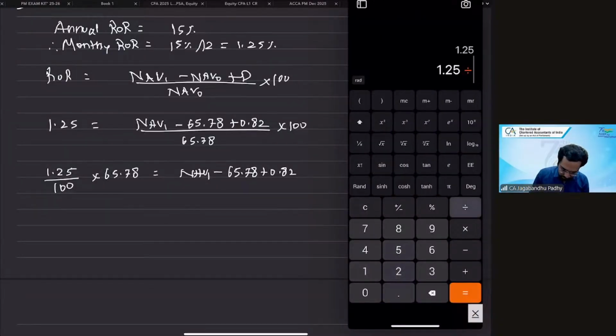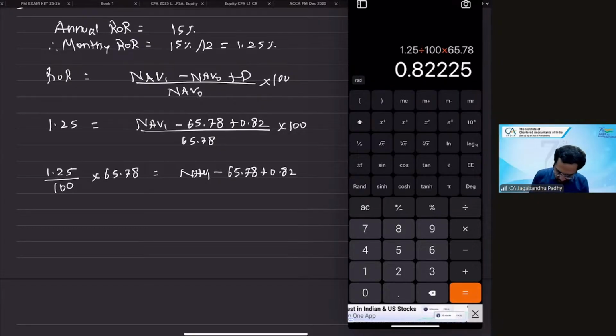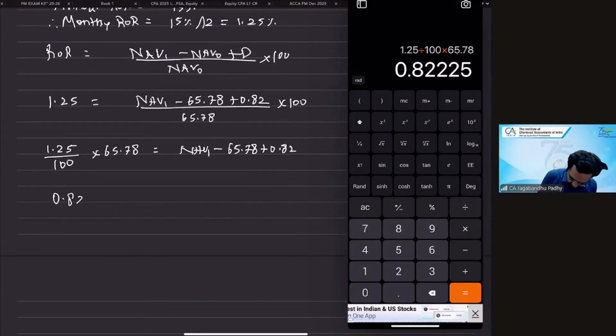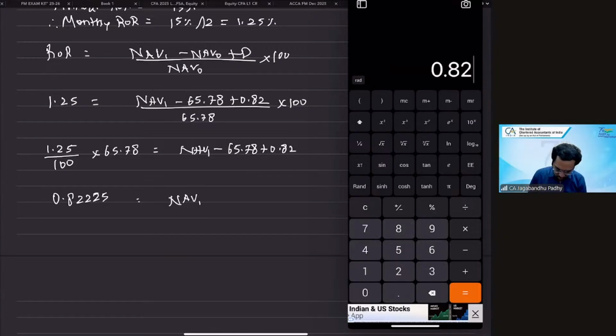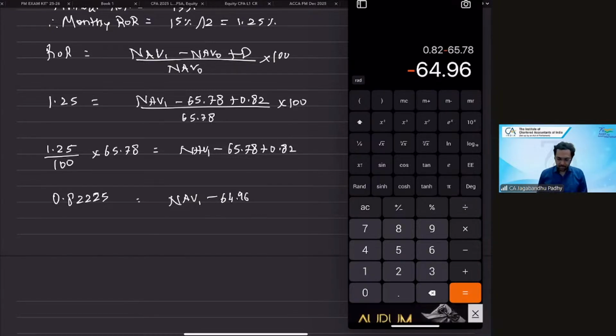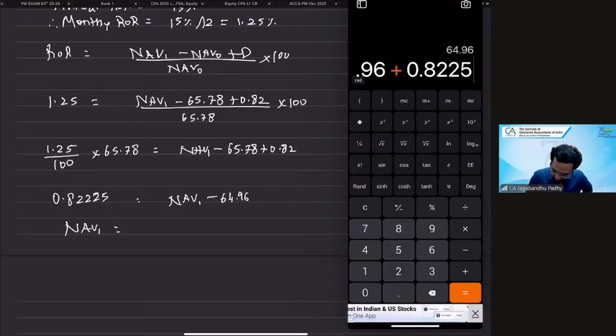So 1.25 divided by 100 into 65.78 is 0.8225, which is equal to NAV in time period 1 minus 65.78 plus 0.82. That is 0.82 minus 65.78, which is minus 64.96. So what is NAV in time period 1? 64.96 plus 0.8225, which is 65.78.